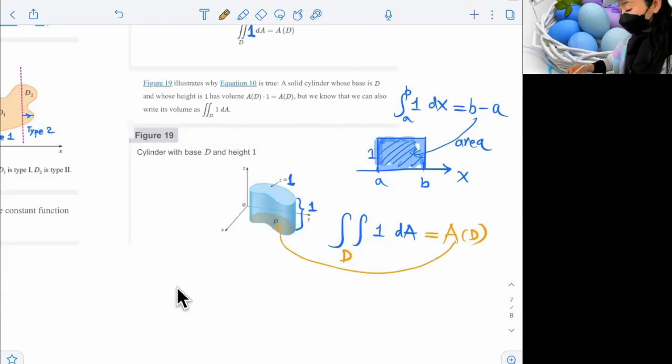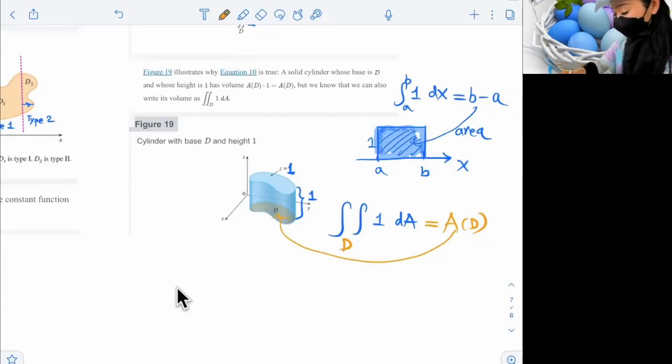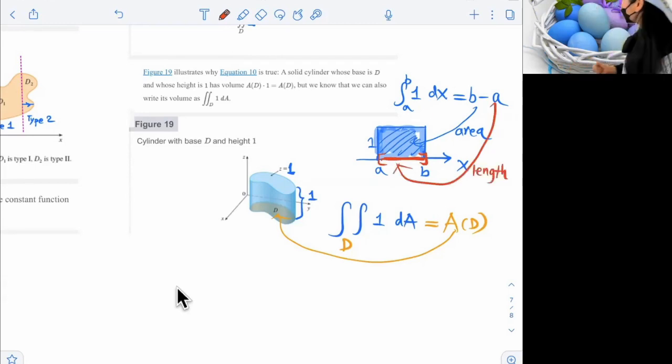And b minus a in this case is the length of this interval. So this volume equals the area of the base, and the area of this equals the length of this. That's how they relate.